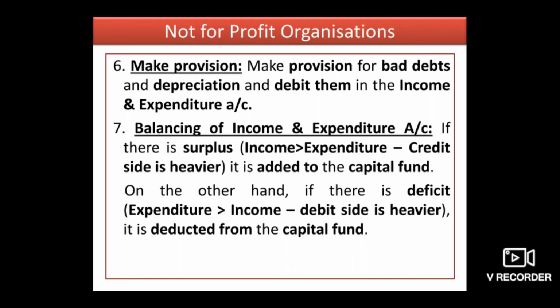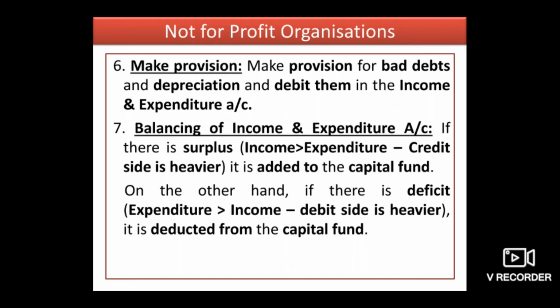On the other hand, if there is deficit, that is the situation of excess of expenditure over income, in such a situation the debit side of the income and expenditure account will be higher than the credit side, and that amount of deficit should be deducted from the capital fund.